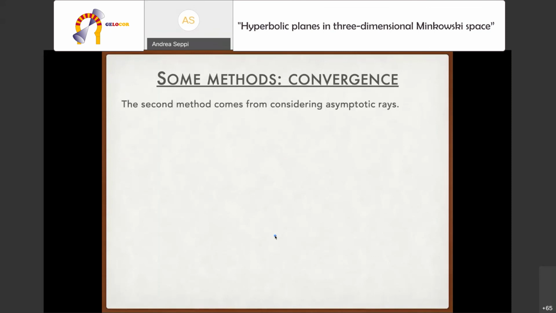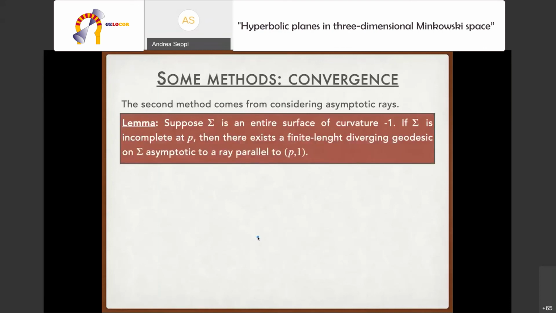And here comes the other method. The other method that we use is basically looking at asymptotic rays. So here is another fundamental lemma. This says that, again, you have an entire surface of curvature -1. If it is incomplete, then you're going to find a finite length geodesic, which is asymptotic to a light-like ray, and the light-like ray is parallel.